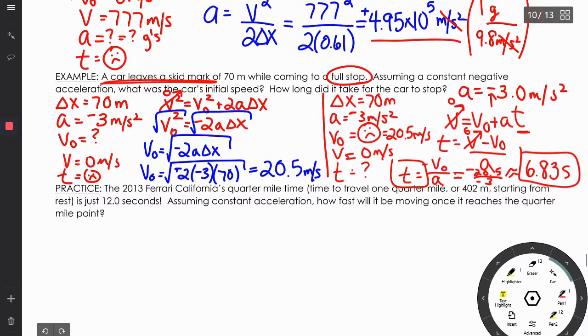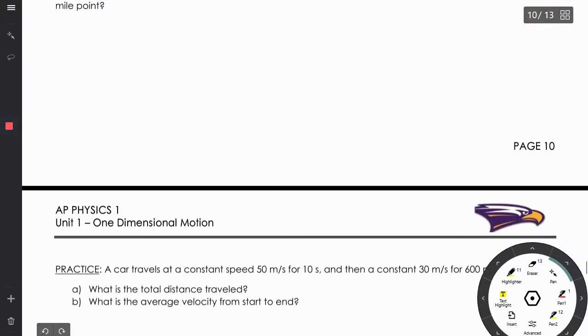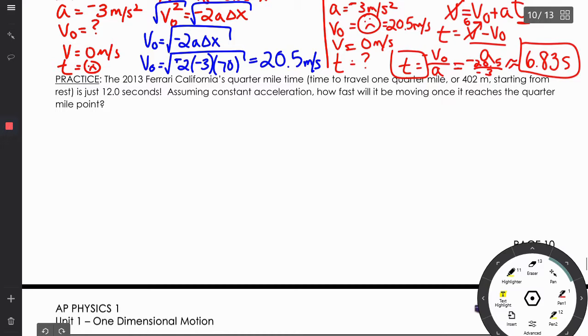All right, so let's go. So here are a couple more questions. Again, if we're in class, you guys will be doing this practice on your own, and I'll be walking around. Okay, so here we go. We've got a 2013 Ferrari California's quarter-mile time, which is the time to drive a quarter mile, or 402 meters, starting from rest.